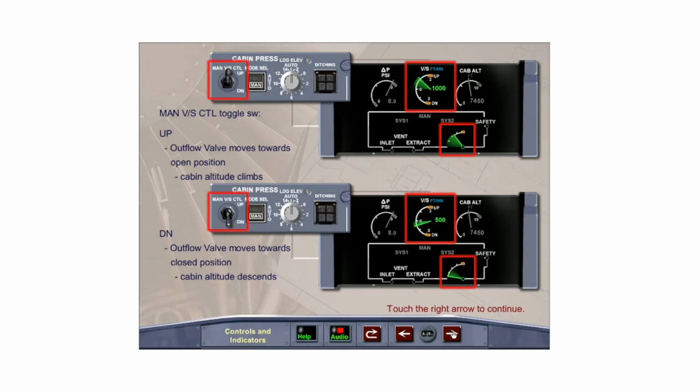Movement of the outflow valve is slow, so the manual vertical speed control toggle switch must be held in the desired position until the required vertical speed is reached.